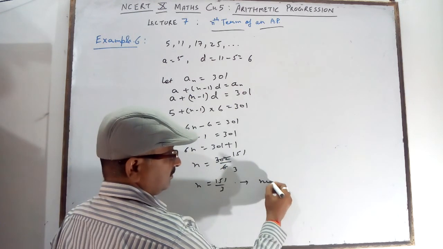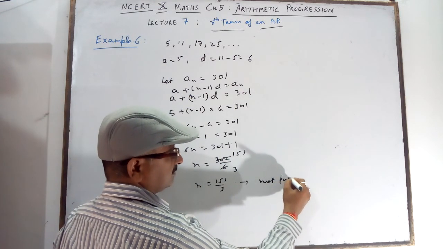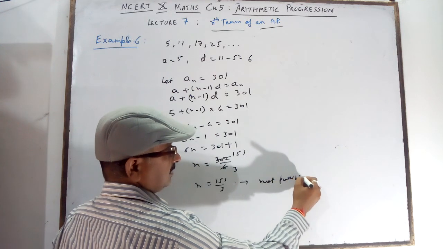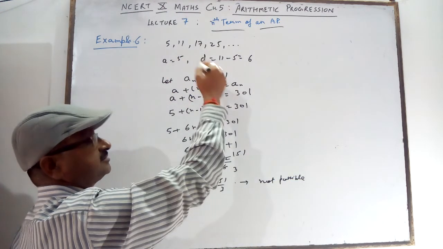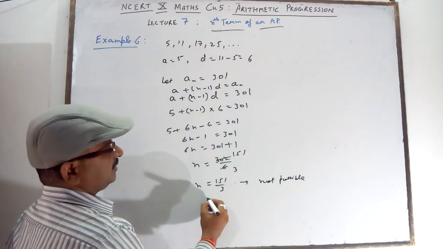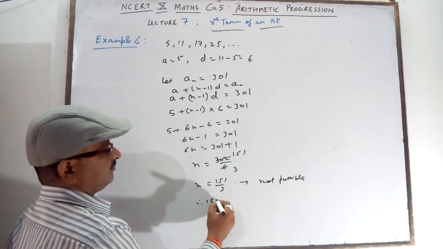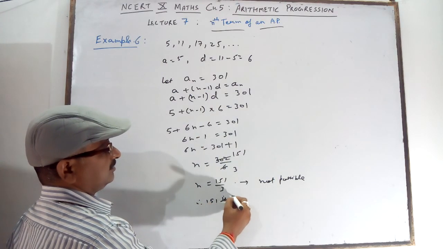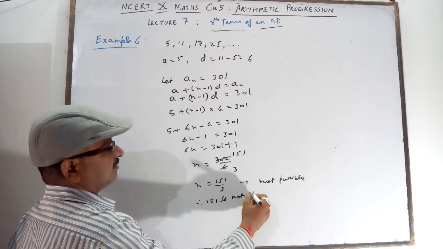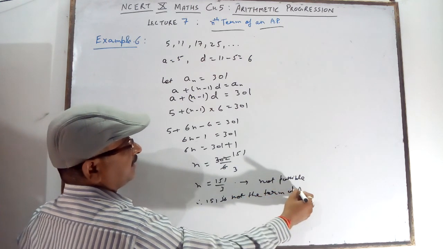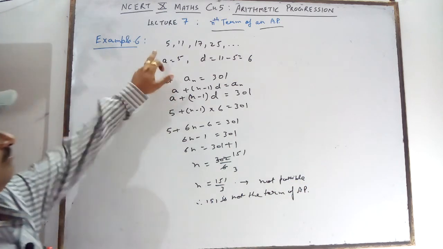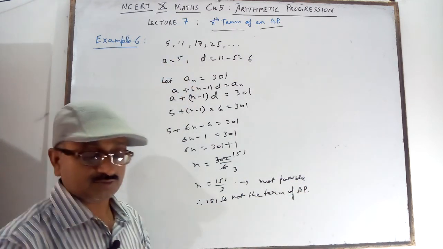The serial number is not in decimal. n is the serial number: 5th, 6th, 7th, 8th, 10th. So you will write, 301 is not a term of the AP. What AP is given? 5, 11, 17 and 25.